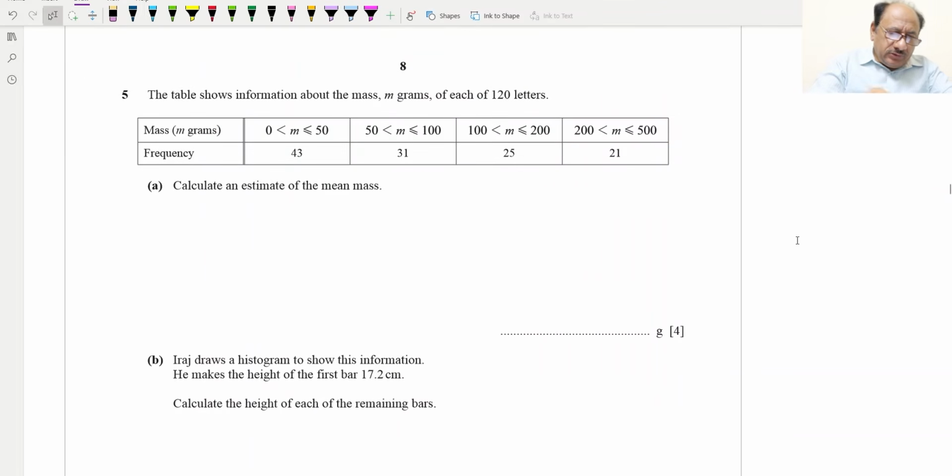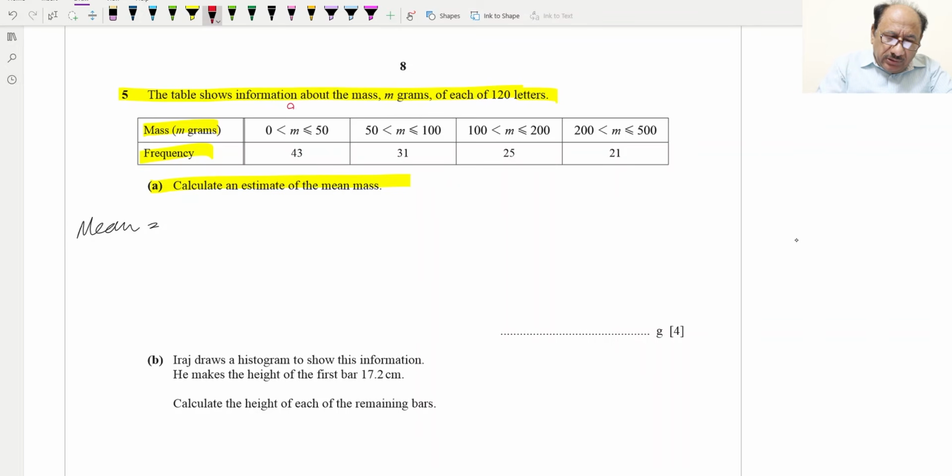Question number 5 says: The table shows information about the mass, m grams, of each of the 120 letters. And this is mass, this is frequency. Calculate an estimate of the mean mass. So for the mean, we are taking the mid-range values.